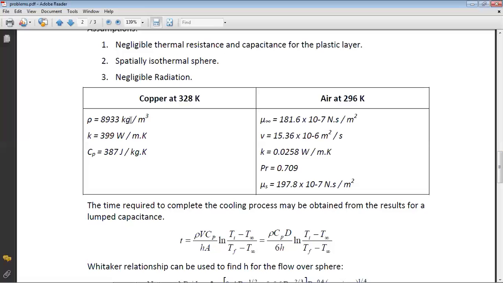If you take the values of air, which is at 23 degrees Celsius, now you have the values for 20 degrees Celsius as well as 30 degrees Celsius. You need to take a linear interpolation and get the value of properties corresponding to the required temperature.